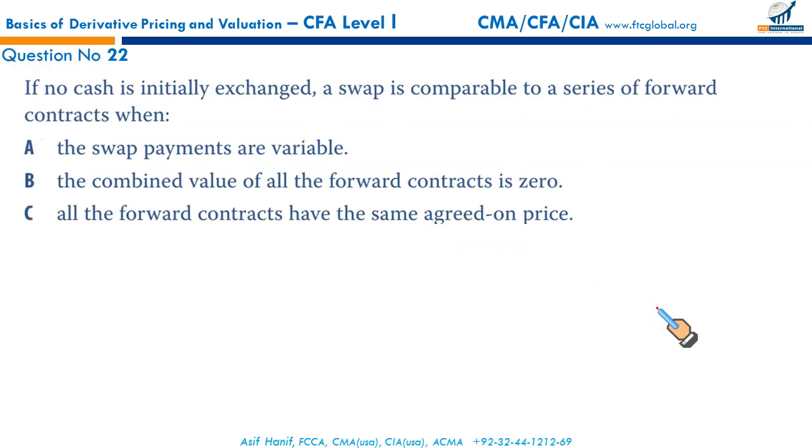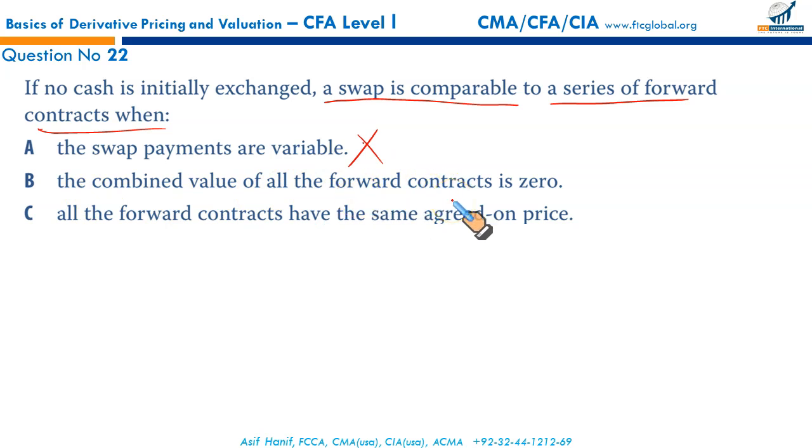Next. If no cash is initially exchanged, a swap is comparable to a series of forward contracts when the swap payments are variable. Incorrect, because for a swap all payments are fixed and equal, not variable. Then the combined value of all forward contracts is 0.